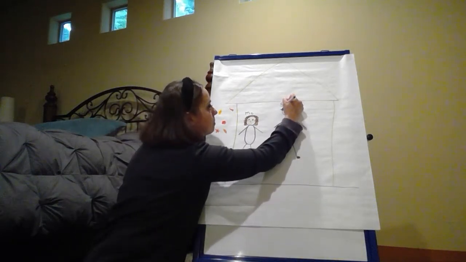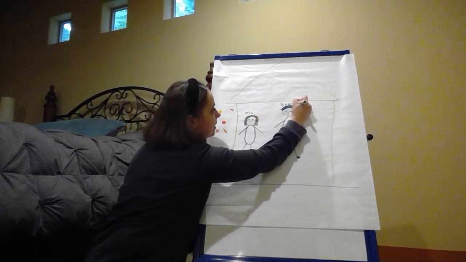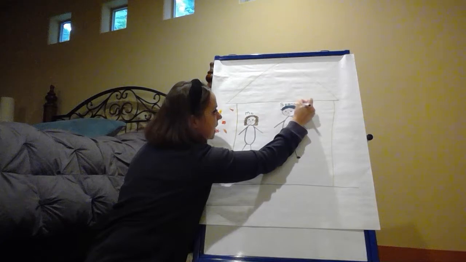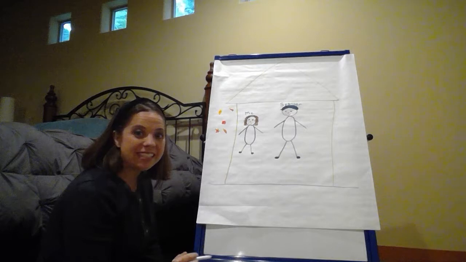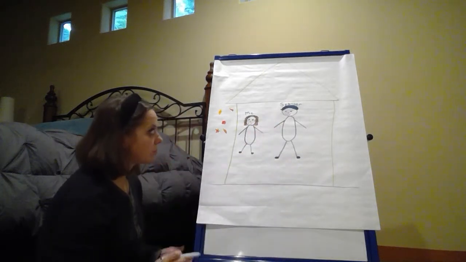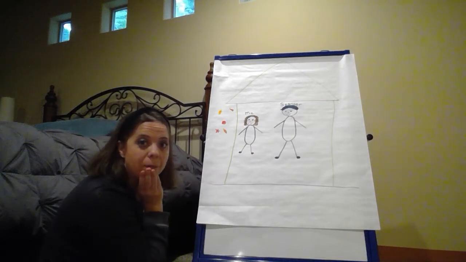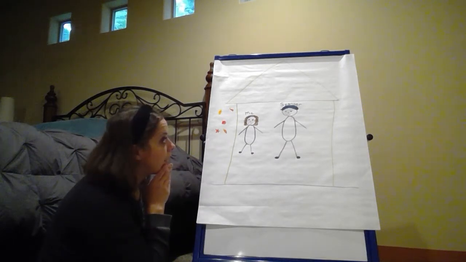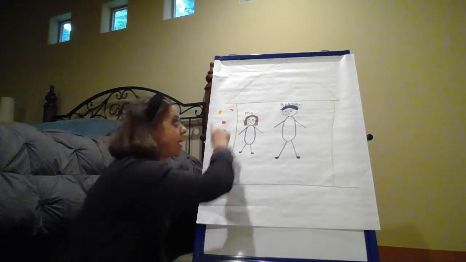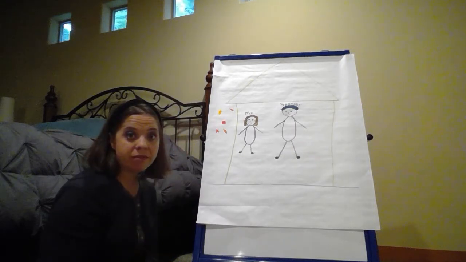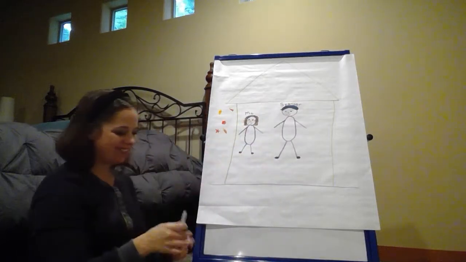S, P, E, N, C, E, R. Those are the letters that spell his name, Spencer. Now you can look at my picture and tell a little bit about my story. We know that my story happens in the fall season, and it happens at my house, and some of the characters are me and Spencer. That's right.